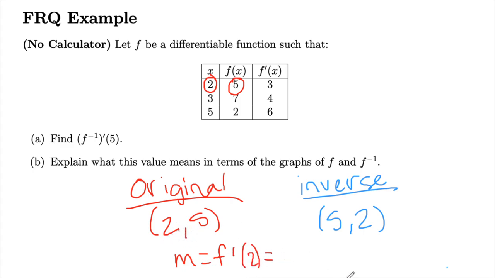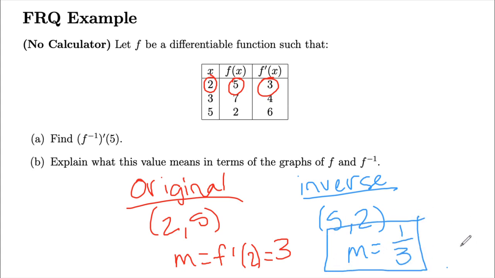So that's just going to be equal to f prime of 2. So going back to our table of values, when x is 2 here, our slope is 3. And then going back to our inverse function, we know that the slope of the inverse is going to be the reciprocal of that. So we know that our slope here is going to be 1/3.